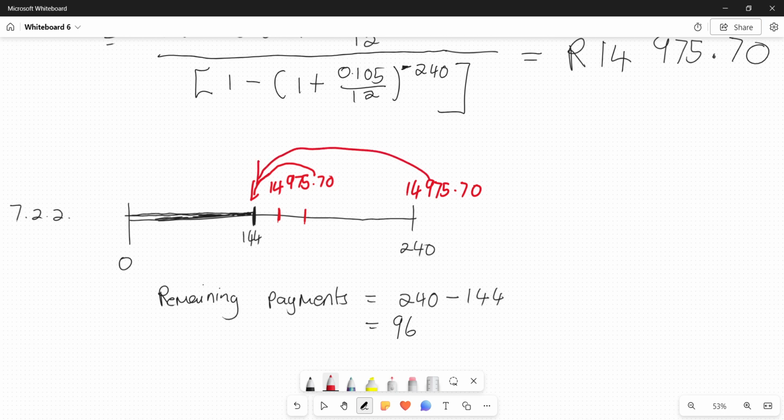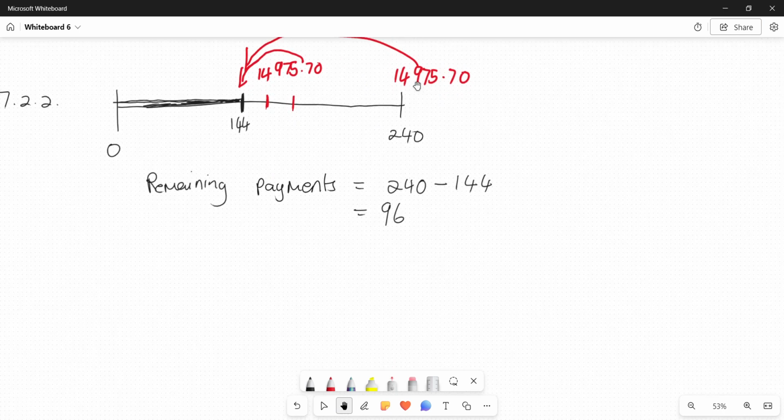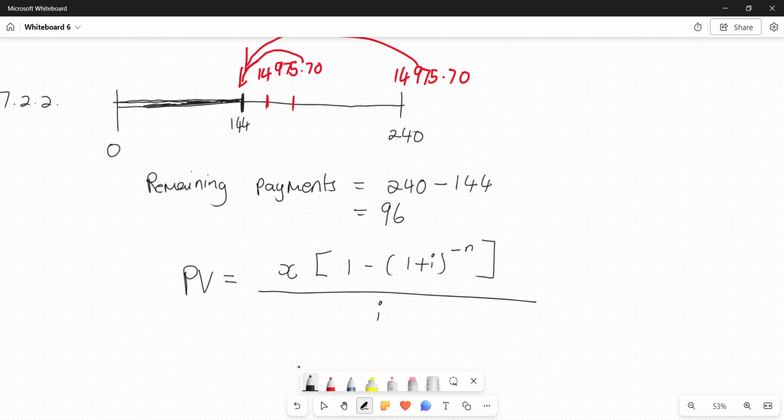So we are required to discount these payments of 14,975 and 70 cents. We are going to use the same formula to calculate the present value, since we have the monthly installments. Remember we said present value equals the monthly installment times 1 minus 1 plus I to the power of negative n, all divided by I, whereby I is our effective rate.